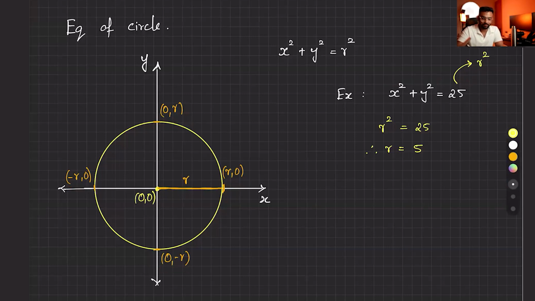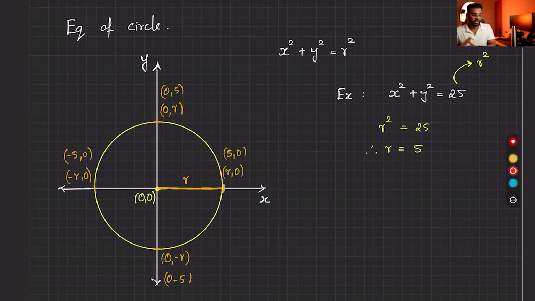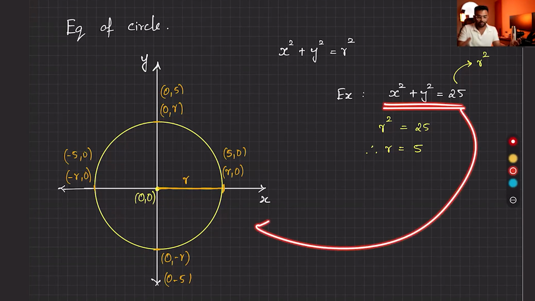So how would you sketch it for this specific one? You would write 5, 0, 0, 5. Are you with me on that? And over here 0, minus 5, and here minus 5, 0. Done. When the equation is given. Is everyone with me on that? So, one way of asking a question on the equation of a circle is they can give you the equation and ask you to sketch it.